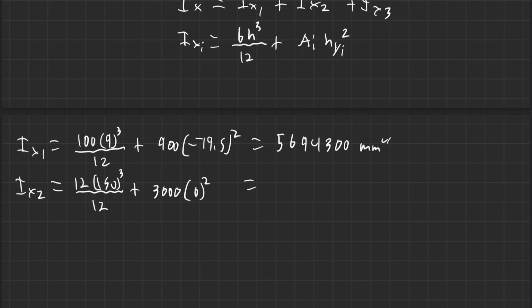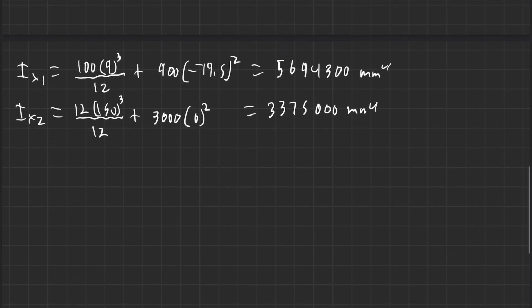And this equals, all right, let's do the last one. It's going to be the same as the first one: 100 times 9 to the 3 over 12 plus 900 times 79.5 squared.